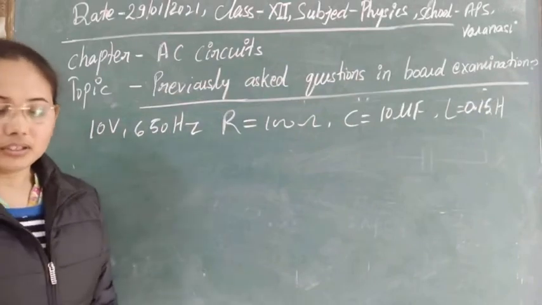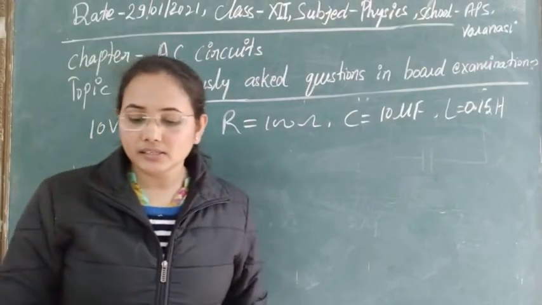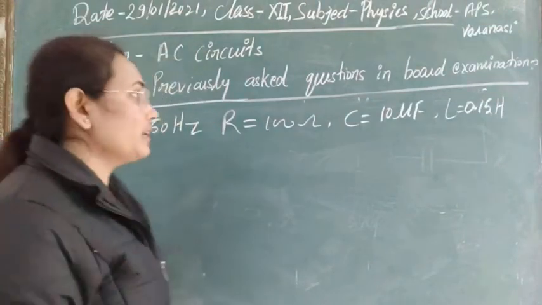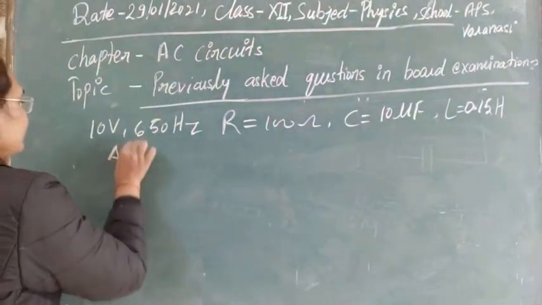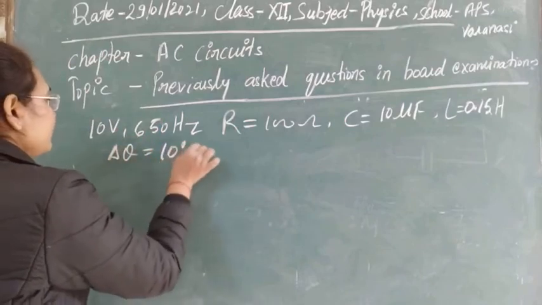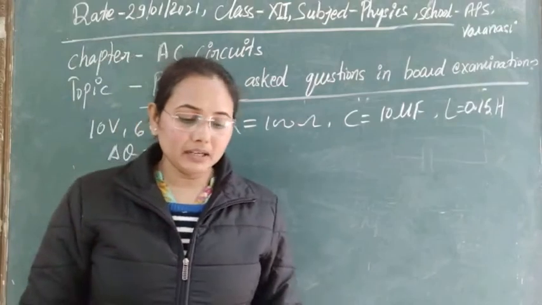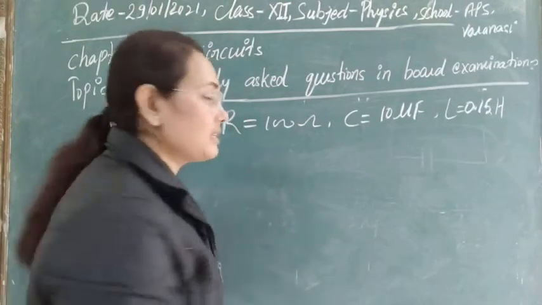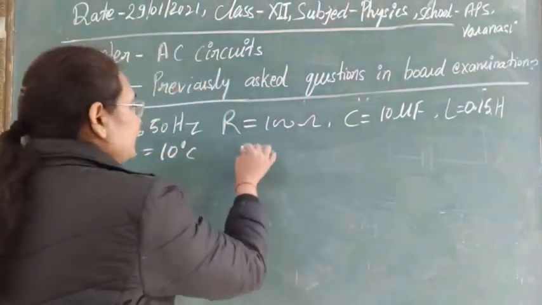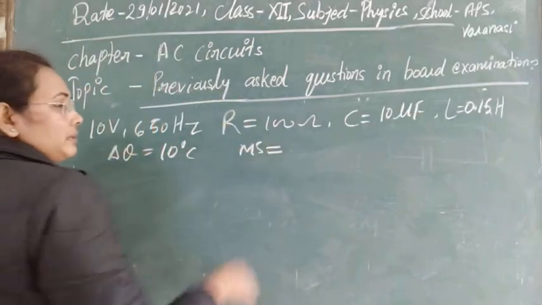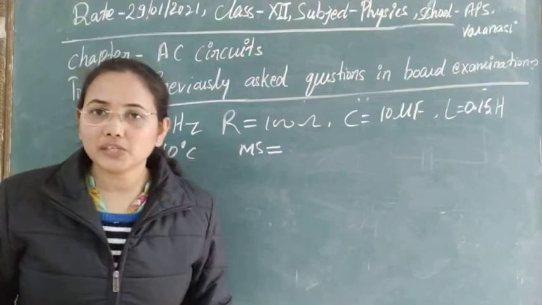Then find out the time in which the resistance will get heated by 10 degrees Celsius. So here the change in temperature, delta theta, is given as 10 degrees Celsius, and the thermal capacity of the material is 20 joule per degree Celsius. As we know, thermal capacity of the material is given by M into S, where S is specific heat.